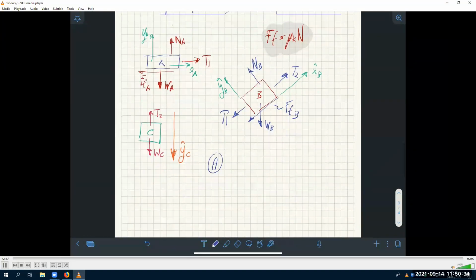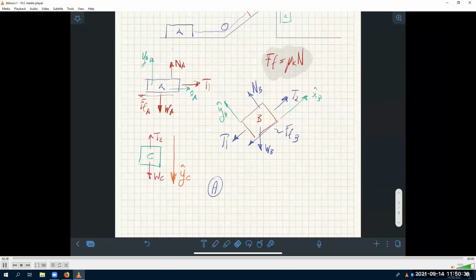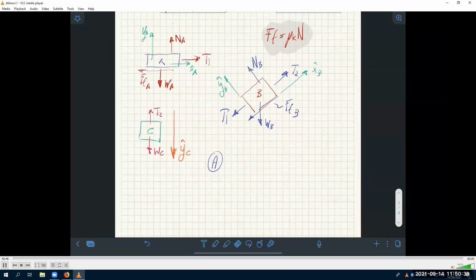So let's do sum of forces along X and along Y. The sum of forces along X is T1 positive along XA. So T1 and XA share the same coordinate system. And FFA, which you taught me earlier, is minus mu k times N, in this case NA.